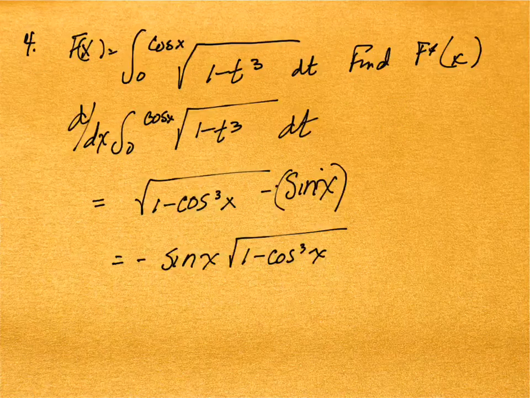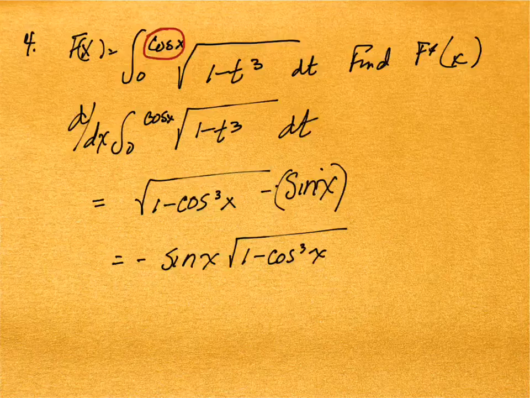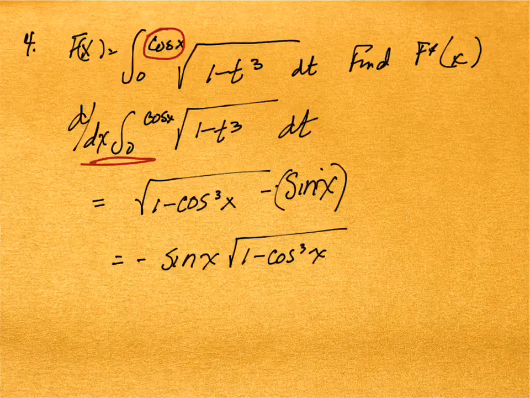Here's one with a trig function. It's the same thing, except this does, please remember, have a baby, right? The derivative of cosine is negative sine. I just rewrote it because it could ask like this: f of x is this, find f prime of x.